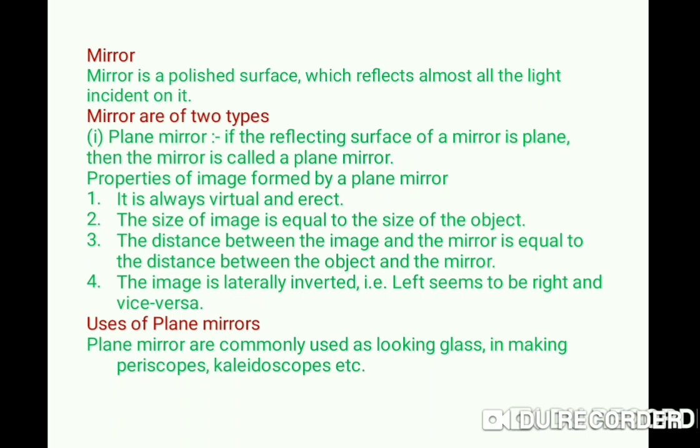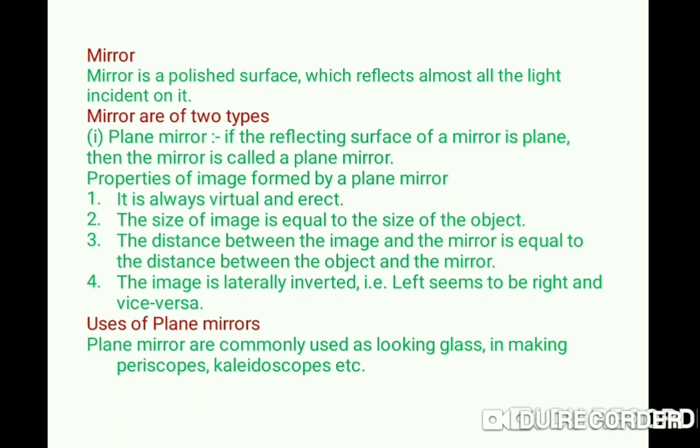What is a plane mirror? If the reflecting surface of a mirror is plane, then the mirror is called a plane mirror. So the reflecting surface of the mirror is plane. A plane surface mirror is said to be a plane mirror.